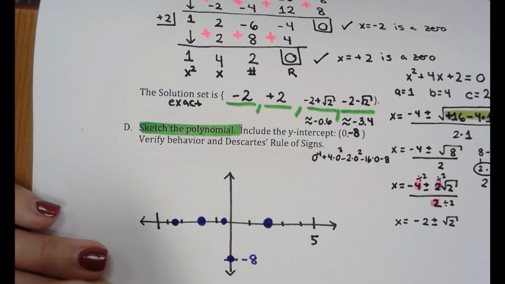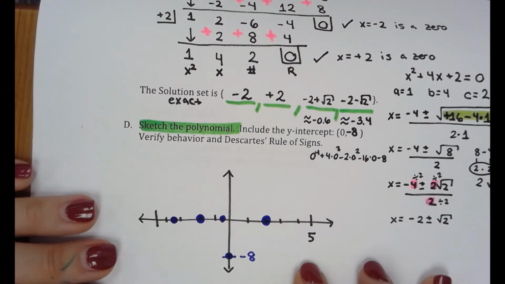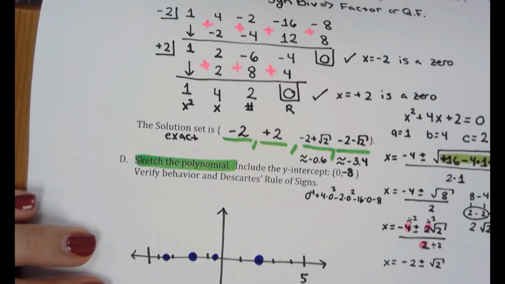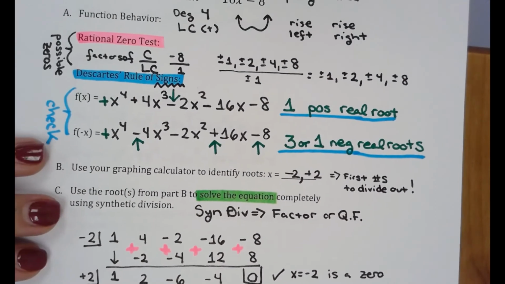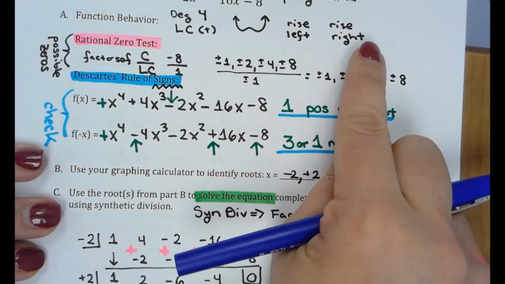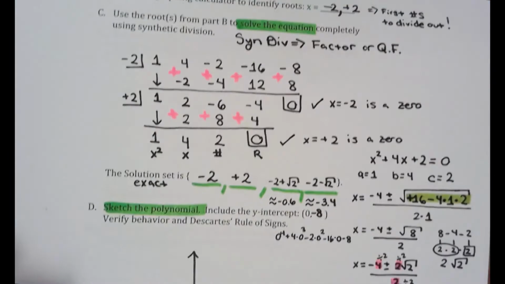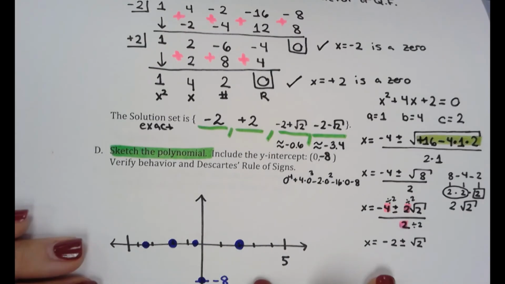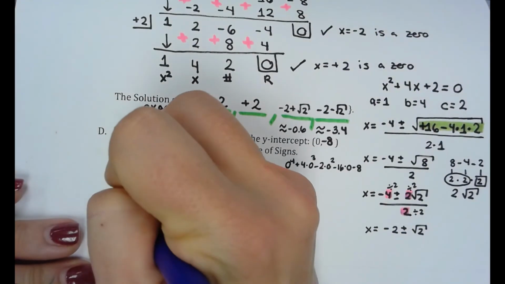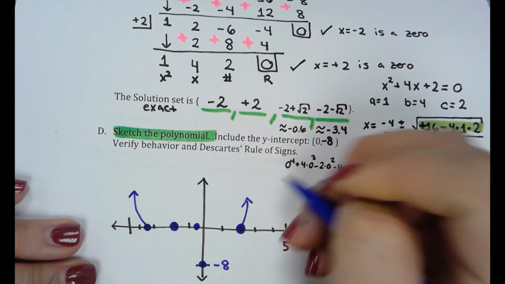Alright, we are ready to start sketching. So, from the very beginning, we said it should rise to the left and rise to the right. So I'm going to go down to my picture right here and make sure it rises from the left and rises from the right.